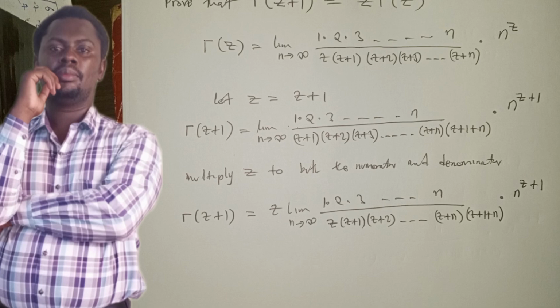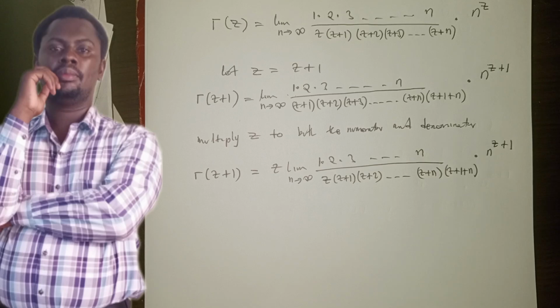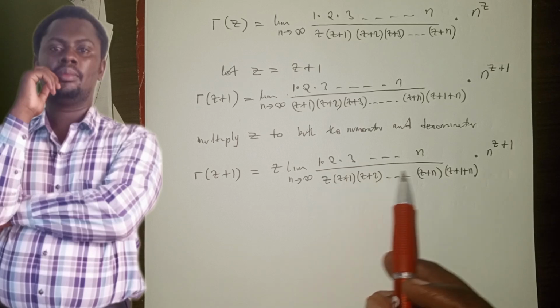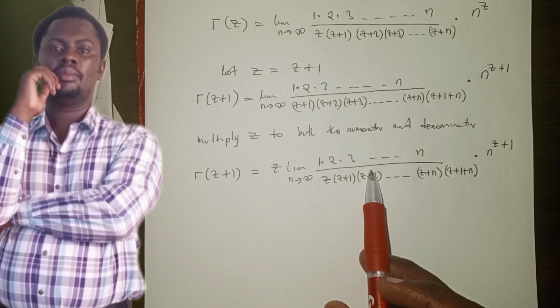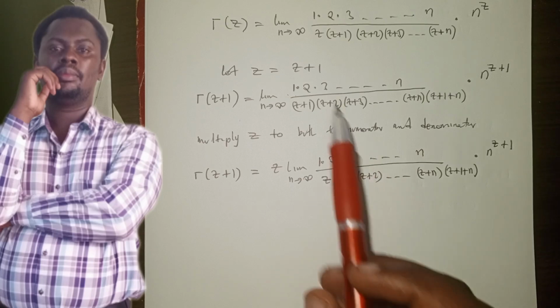What we can do next is separate the expressions to come up with gamma of z.